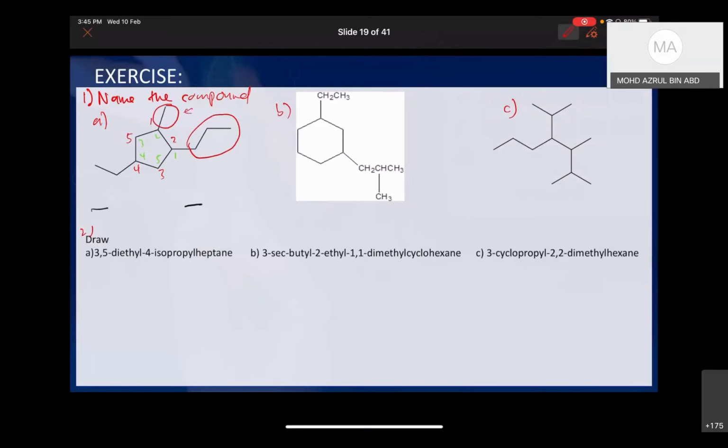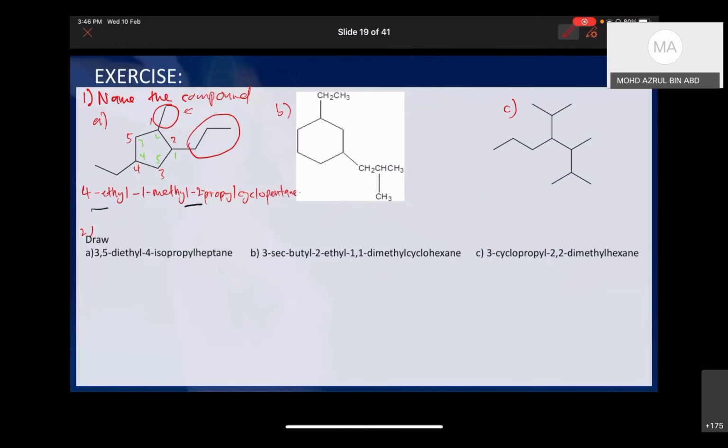So we can name it as 4 ethyl, 1 methyl, 2 propyl, cyclopentane. So the name of this compound is 4 ethyl, 1 methyl, 2 propyl cyclopentane, numbering 1, 2, 3, 4, 5.